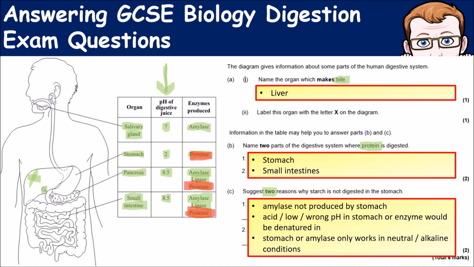Then we need to talk about the fact that the stomach is at the wrong pH, so the enzyme would be denatured. Amylase only works in neutral or slightly alkaline conditions, so it won't work in the acidic conditions in the stomach.